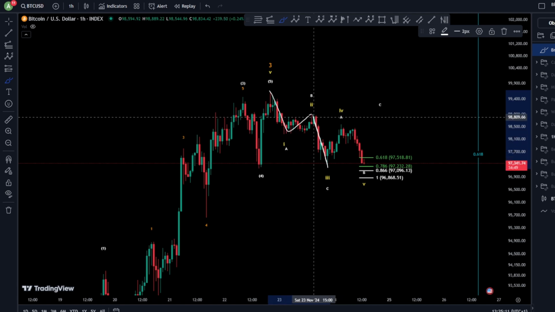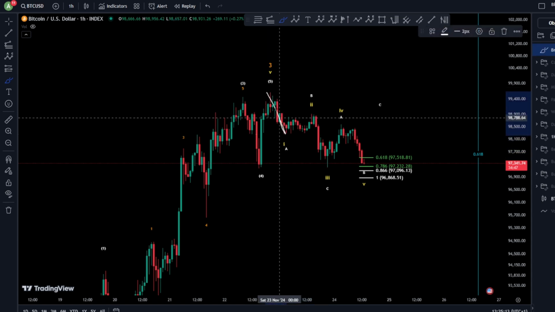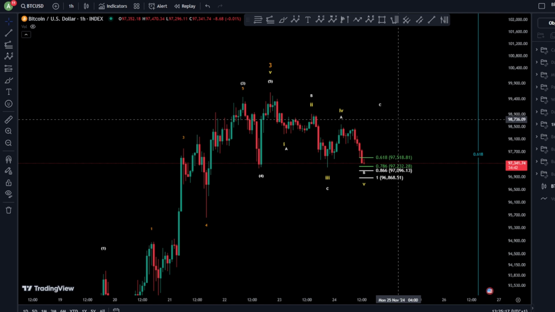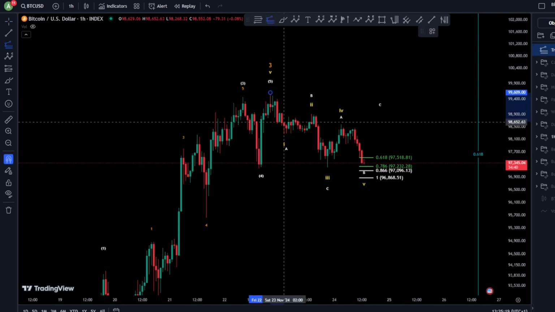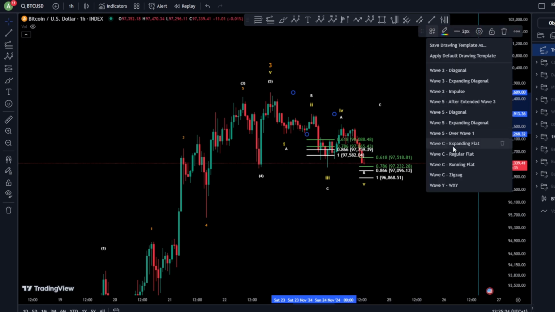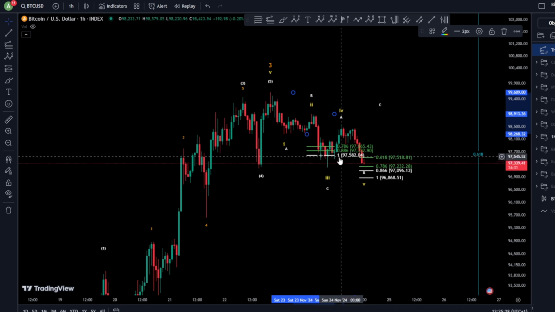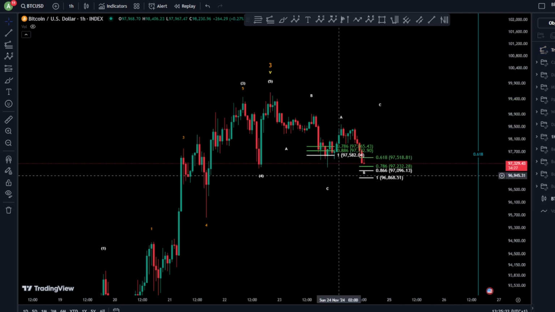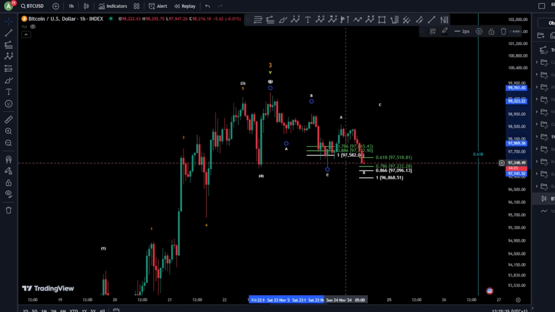Your wave 3 is longer than your wave 1, which is not allowed in a leading diagonal. If we take the fibs for a wave 3 in a diagonal, you will see that we have overpassed the wave 1, so we cannot really count this as a diagonal.